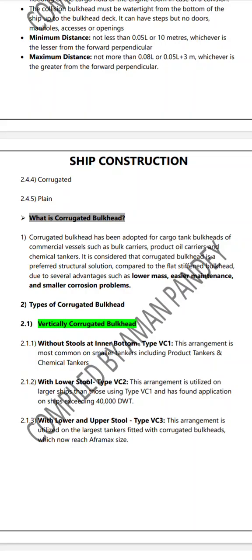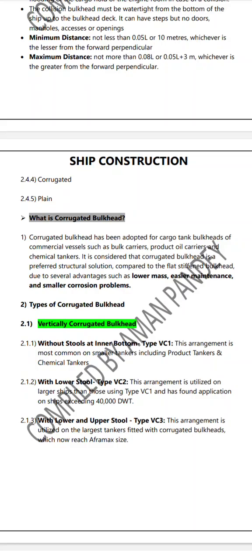The vessel with a lower stool is used on vessels of more than 40,000 deadweight, and vessels with both upper and lower stools are mostly Aframax. So this is all about that.